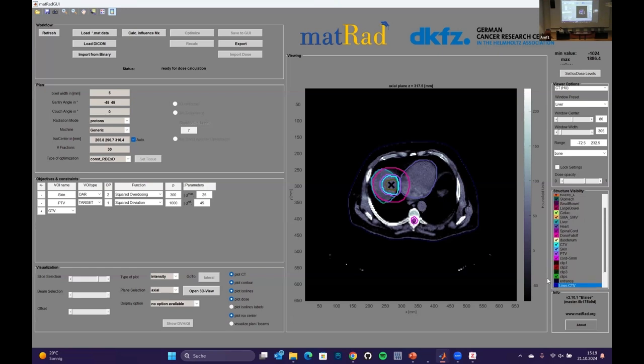All these weird structures, you can turn them on and off by clicking on the check marks right next to them. So basically, here's the GTV, and then there's a region around the GTV, which is called the clinical target volume. What does this mean? We know that the tumor might be, for example, infiltrating. This is a big thing with glioblastoma.